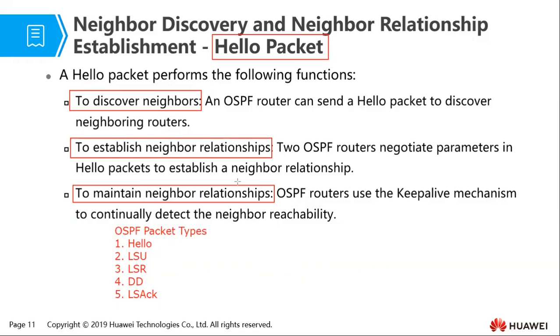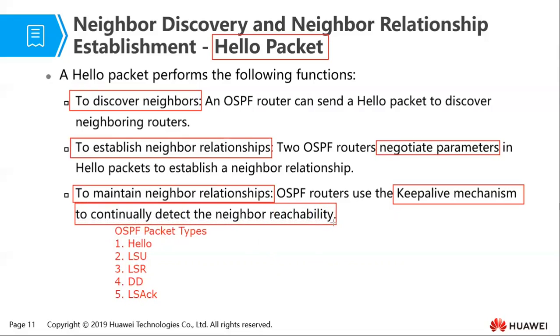On establishing the neighbor relationship, 2 OSPF routers will negotiate, this is important, parameters in hello packets to establish a neighbor relationship. So in the coming slides, we're going to see some of the parameters that are negotiated. Then in order to maintain OSPF neighbor relationships, it uses what we call a keep alive mechanism to continually detect the neighbor reachability.